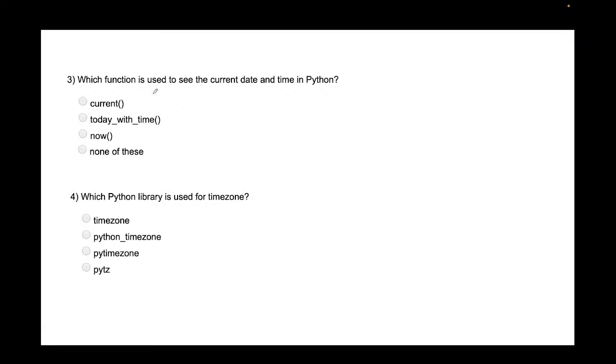Which function is used to see the current date and time in Python? Out of the 4 options, which one do you think is right? Is it current, today, with time, now, or none of the above?